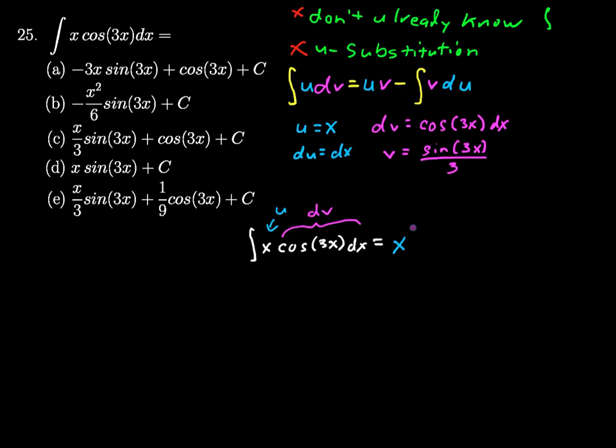V is sine of 3x divided by 3, so x times the sine of 3x divided by 3 minus the indefinite integral of v du. So I have sine of 3x divided by 3 and du gives me dx.